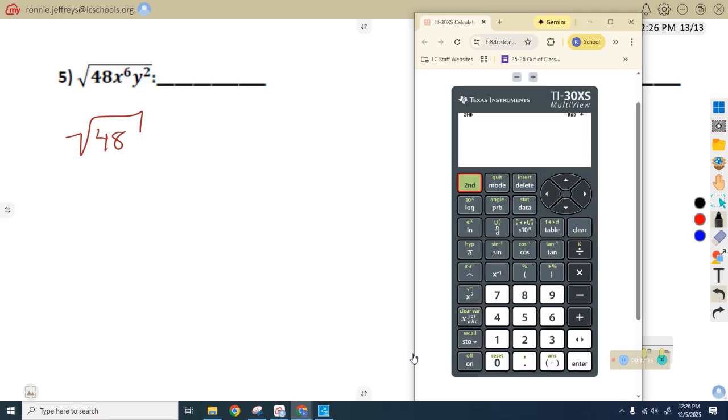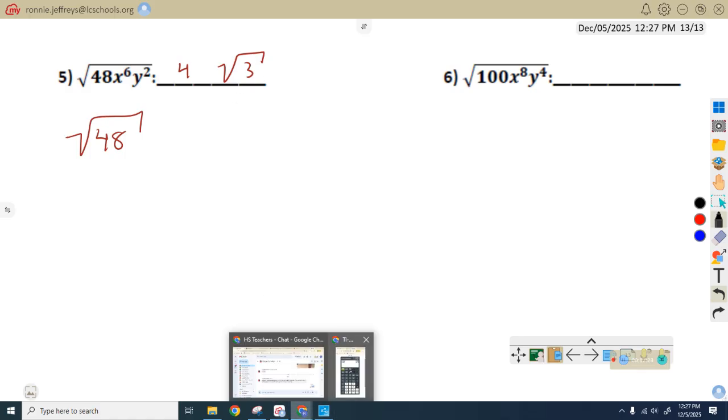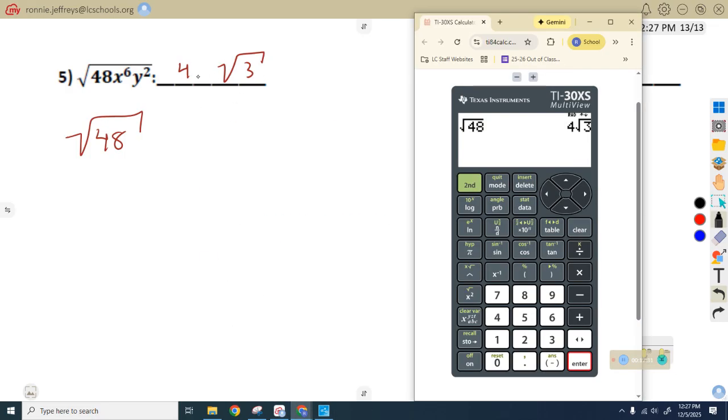So second, 4, 8. All right. Yes, this gives us a weird one, but it's okay. All right, because that's what we got. Remember, we're always going to leave space for the letters. Okay.